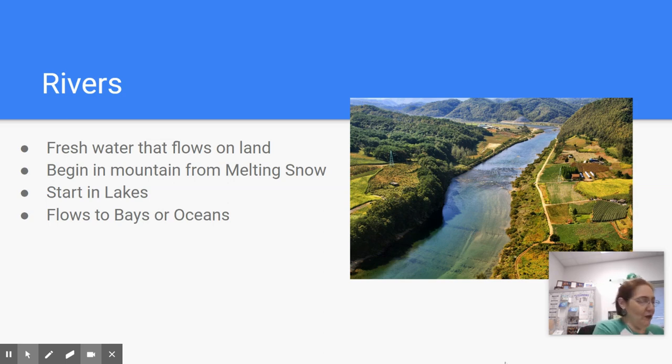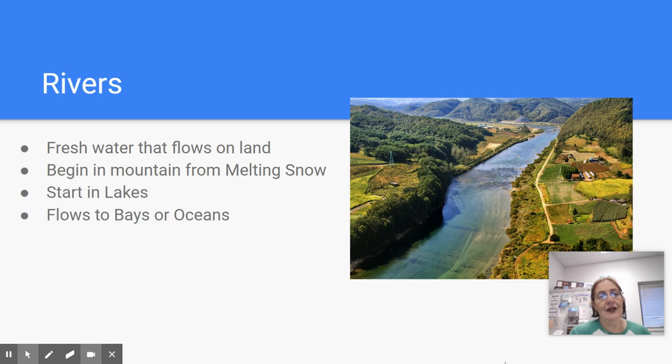All right. So rivers, we're going to put fresh water. Water that flows on land. That's the big key word there, flows. It moves. Okay. Can't have a river that stands still. That would be a lake. Usually it would be either mountain snow, so you can put mountain snow, or you can put lakes, and that's where they come from.